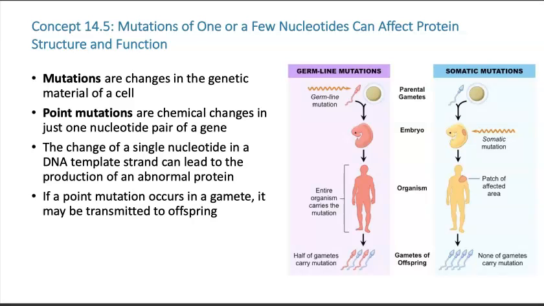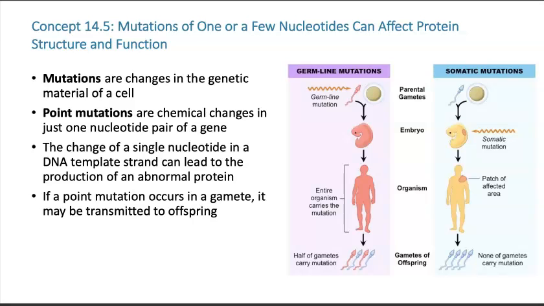A point mutation is any time where a base is changed from one nucleotide pair in a gene to a different nucleotide pair of a gene. Now, it's really important that I'm emphasizing gene right now because it's genes that make proteins. So a change in that single nucleotide can, in fact, lead to the production of an abnormal protein.